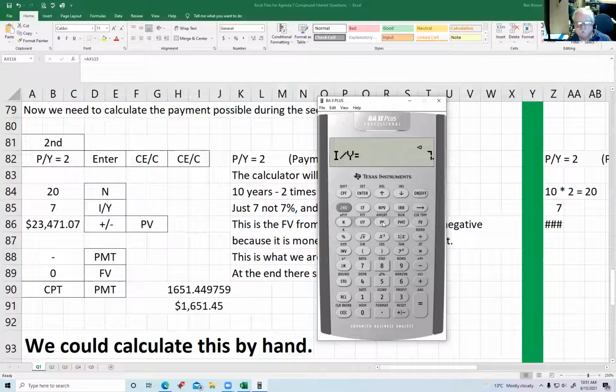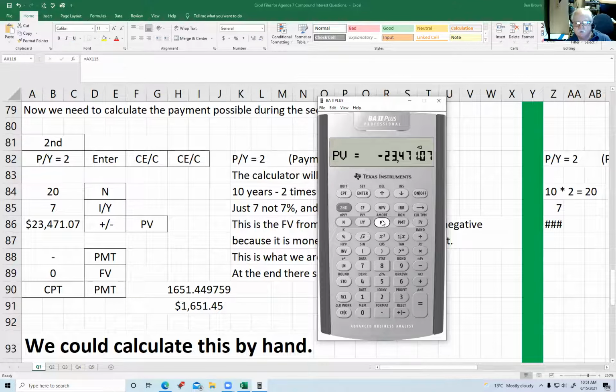In the present value, that's where we're putting the sum of money that was accumulated over the past 7 years, 23,471.07. But in terms of this time period, this is money that has to go in, so we make it negative into present value.